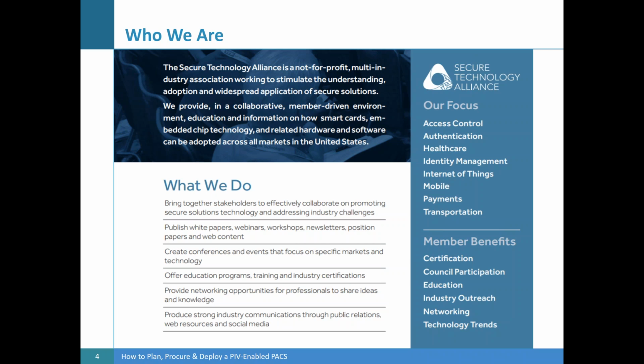As a cross-industry member-supported organization, we educate and stimulate the market by bringing together stakeholders who can collaborate on promoting secure solutions technologies and addressing challenges, publishing white papers, webinars like today's, other workshops, newsletters, position papers, and web content.